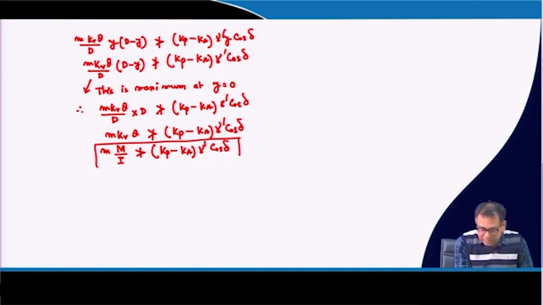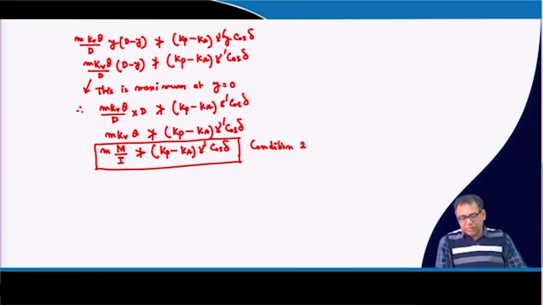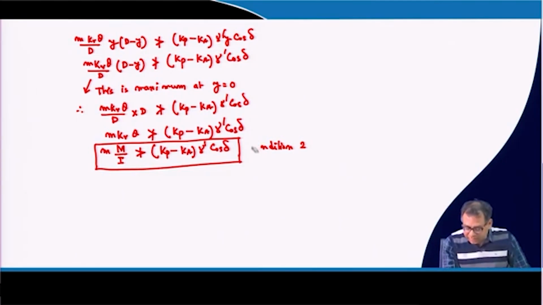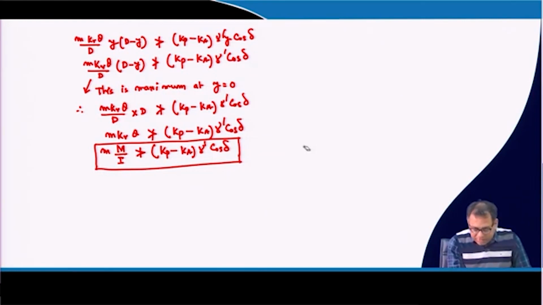So, this is another condition, condition 2. We have to satisfy this condition also to maintain the stability of the well. Now, we have one more condition, that is the vertical soil resistance, or soil reaction, I should say.